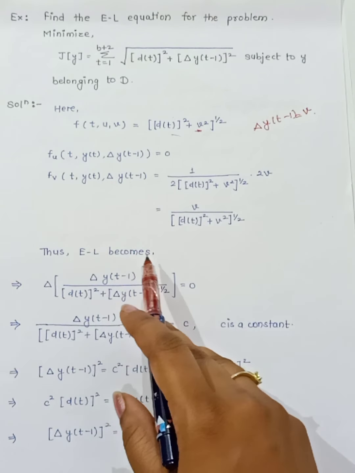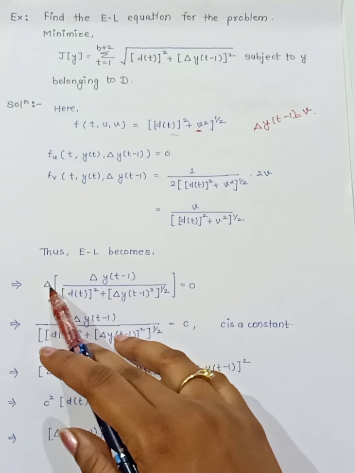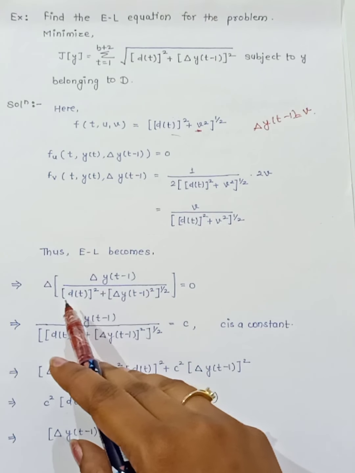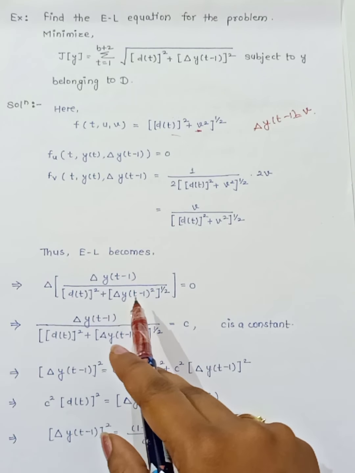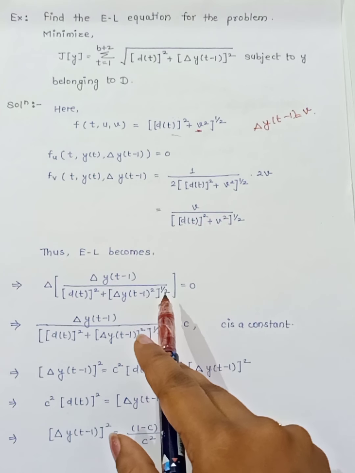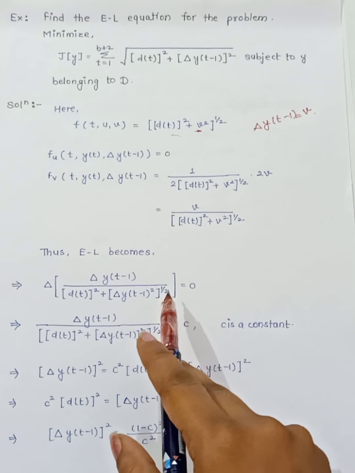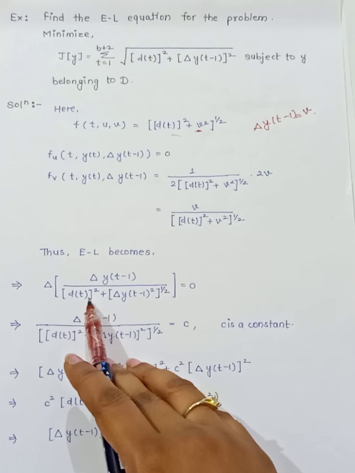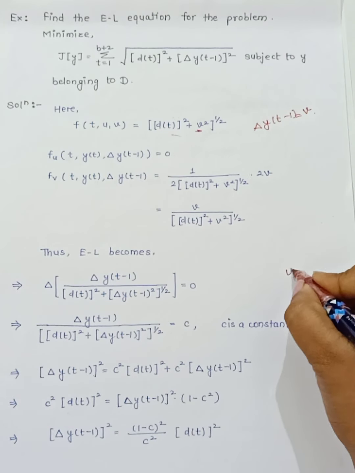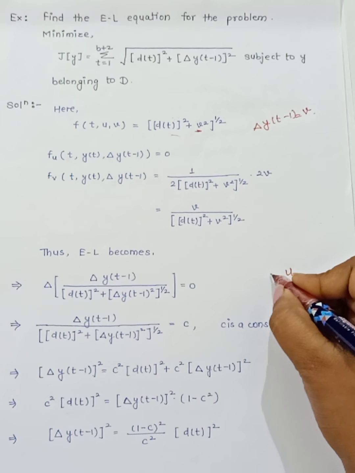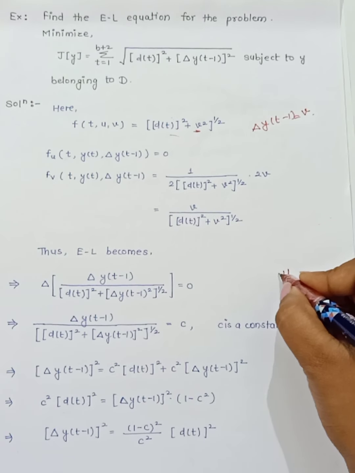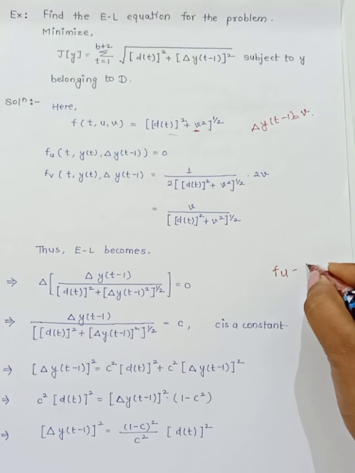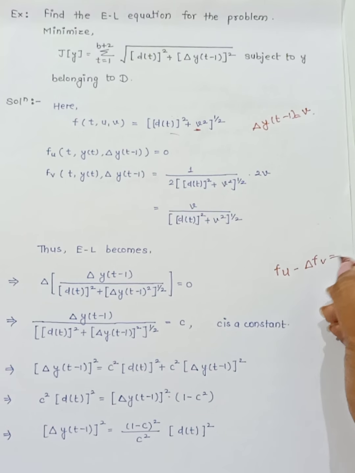Thus the EL equation becomes Δy_{t-1} over (dt² + (Δy_{t-1})²)^(1/2) equals 0, and this is because we don't have the u term. Our equation is f_u minus Δf_v equals 0.